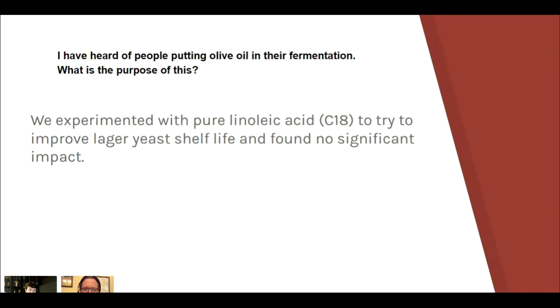So we didn't see much support for bothering to add the pure fatty acids to the yeast.